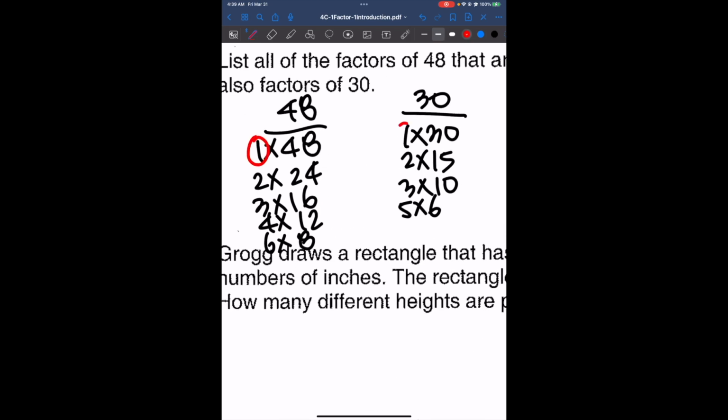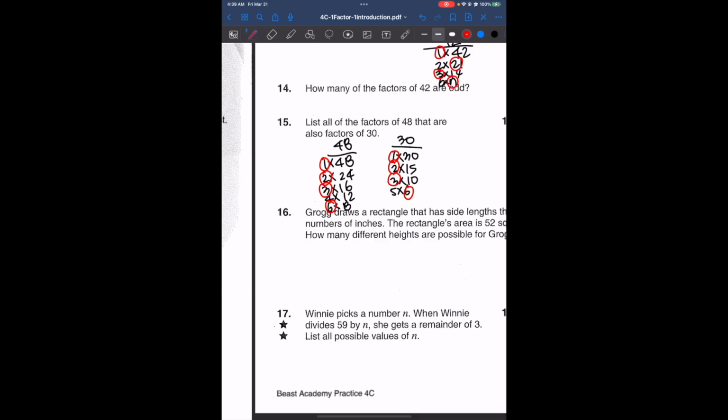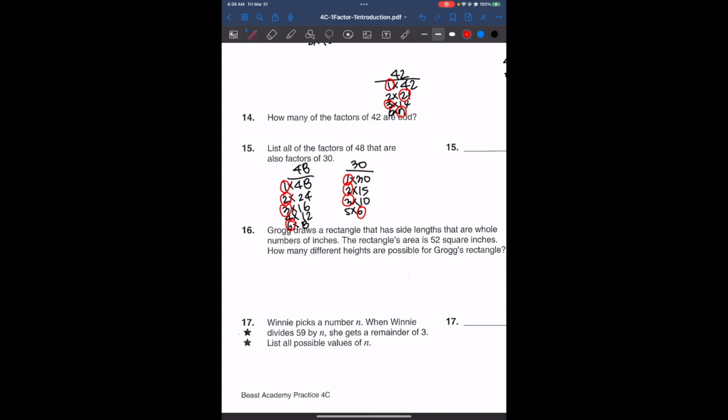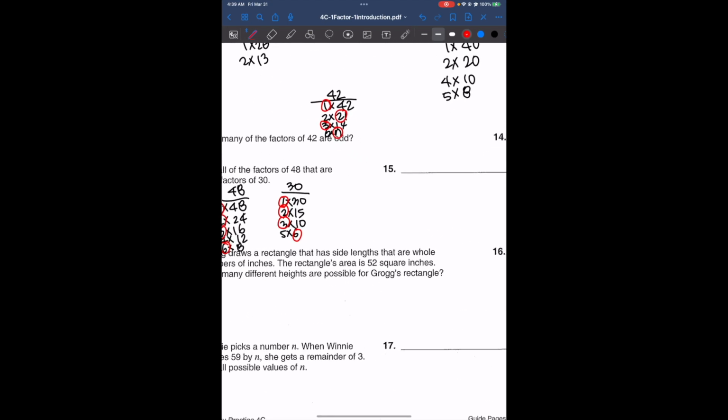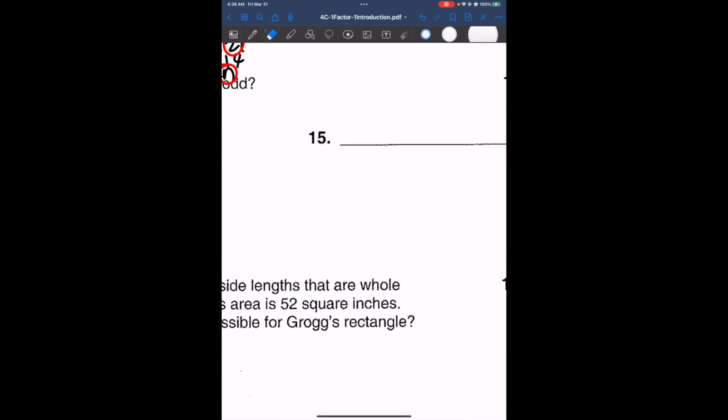So 1 is a factor of both 48 and 30, 2 as well, 3 as well, and then not 4, but we see 6 as a factor for both 48 and 30. And yeah, I think that's it. So the factors of 48 that are also factors of 30 are going to be 1, 2, 3, and 6.